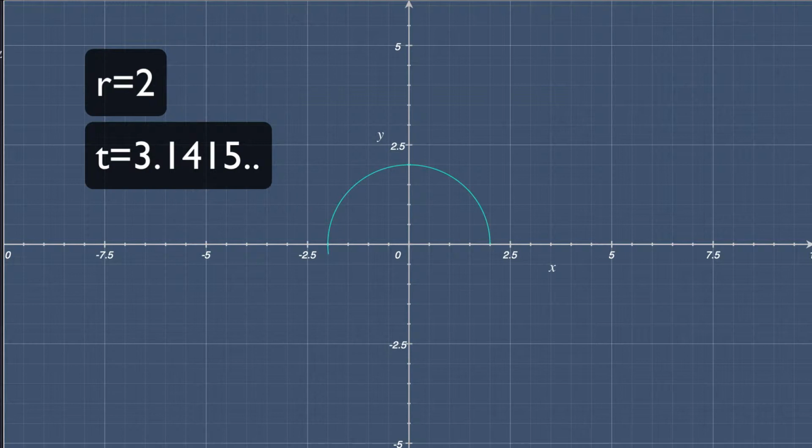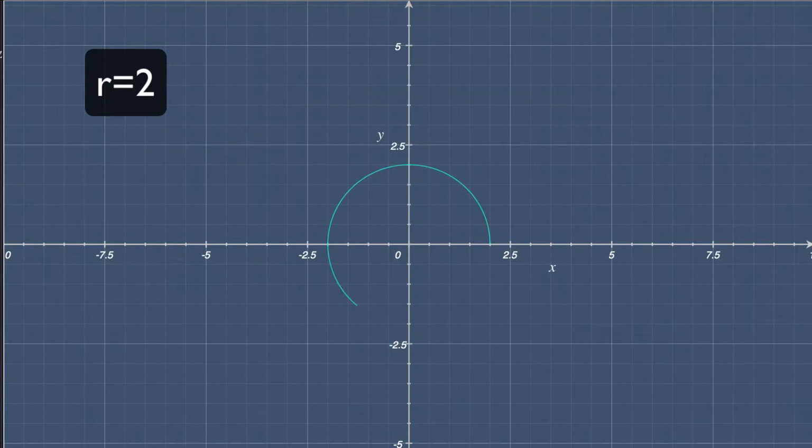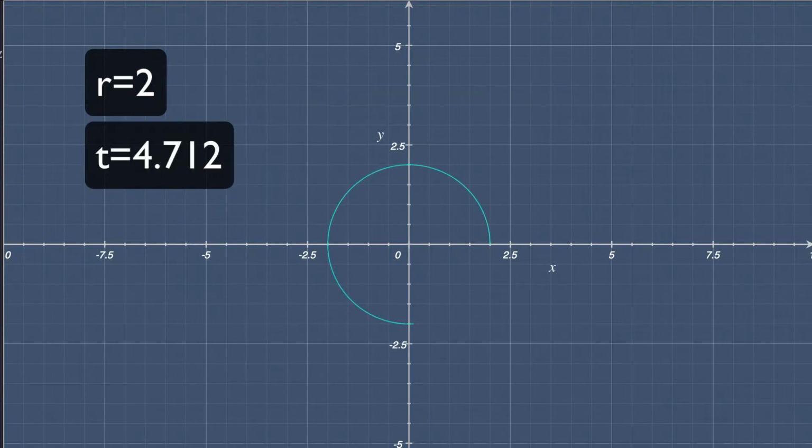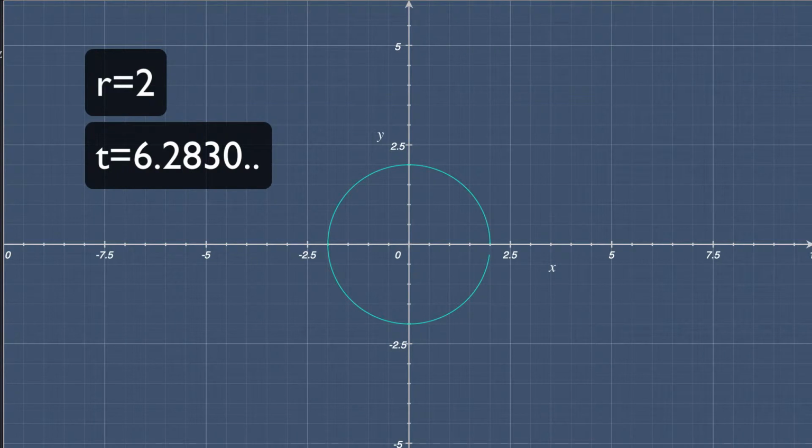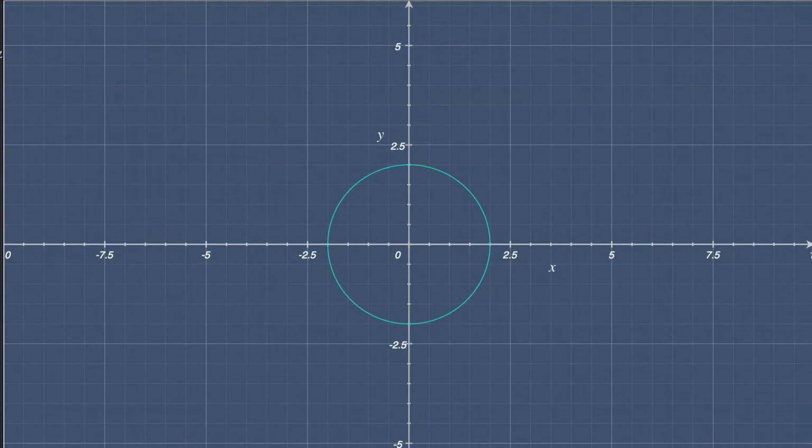Theta equals pi, we hit the x-axis again. Theta equals 3 pi over 2, we're on the negative y-axis. And I can cycle all the way to 2 pi, and that just gets us a whole circle of radius 2 with the polar equation r equals 2.